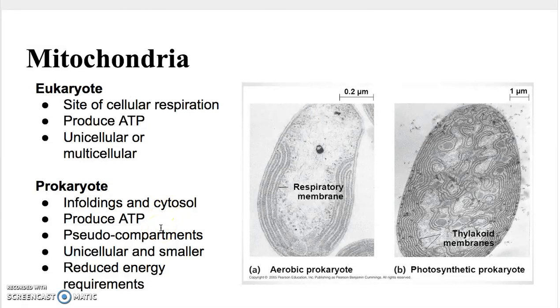Now, the question is, well, how can they make enough ATP? And the answer is, again, they're unicellular and they're smaller, so they don't have as much energy requirements. The eukaryotic cells are larger, many are multicellular, and they have larger energy requirements, so they need to be able to produce more ATP, and they can because they have the mitochondria, and the prokaryotes can't.